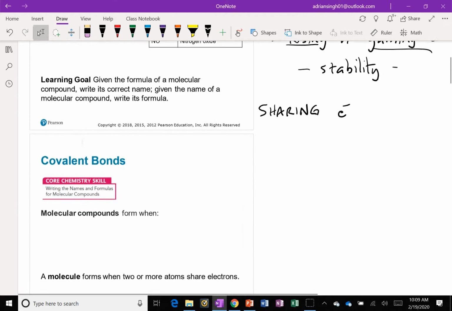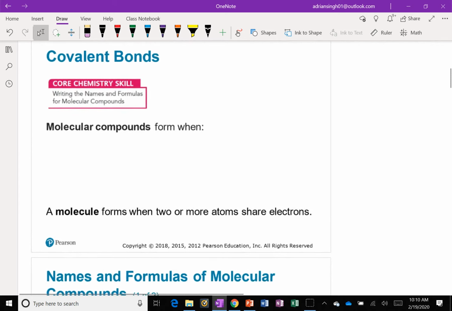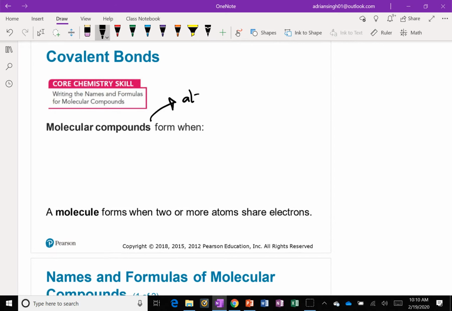So when we start sharing electrons, we're going to encounter a different type of compound known as a molecular compound, which are also called covalent compounds.